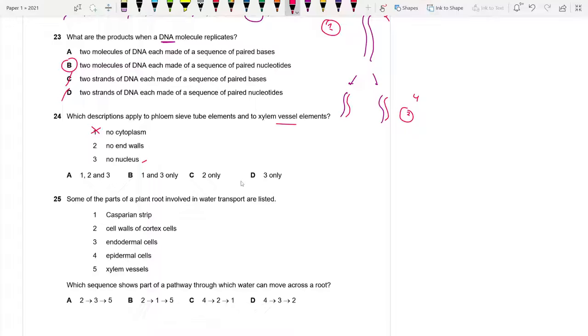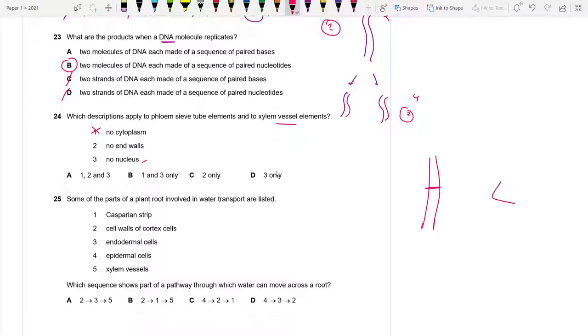Now about 2. So what's an end wall? Xylem does not have end walls, but remember, phloem does have end walls because in between two phloem cells there's this sieve plate.